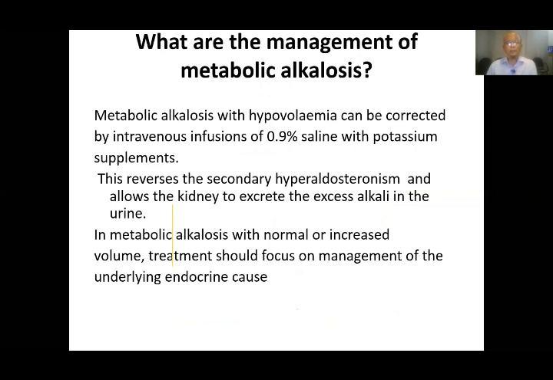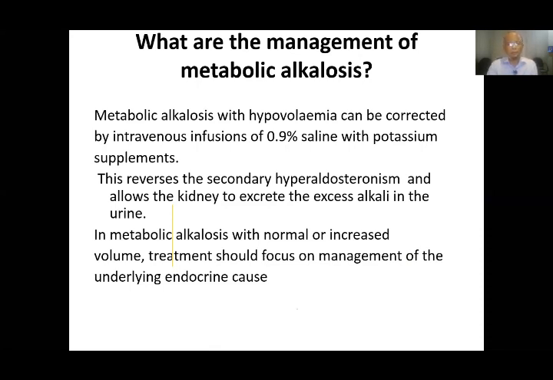This reverses the secondary hyperaldosteronism and allows the kidney to excrete the excess alkali in the urine. Because if there is hypovolemia, renal perfusion will be less and the renin-angiotensin-aldosterone system will be activated, and with fluid replacement this secondary hyperaldosteronism will be reversed.